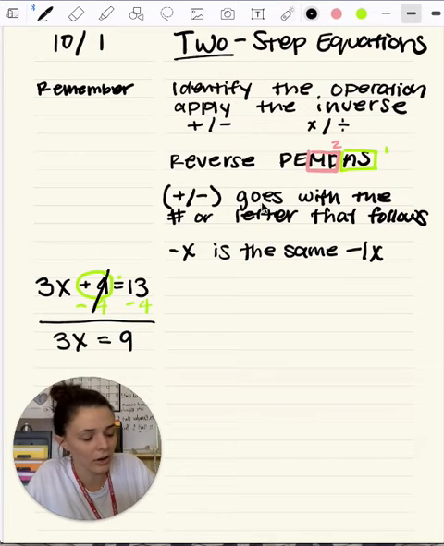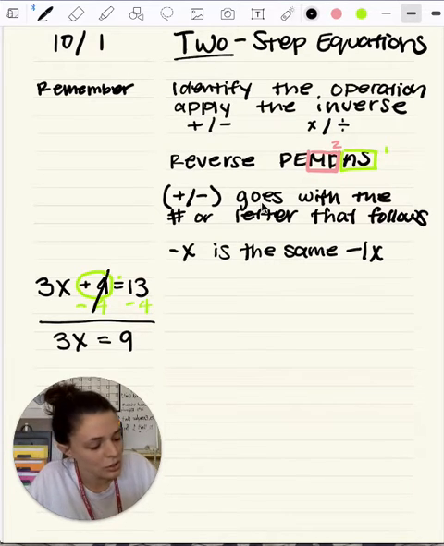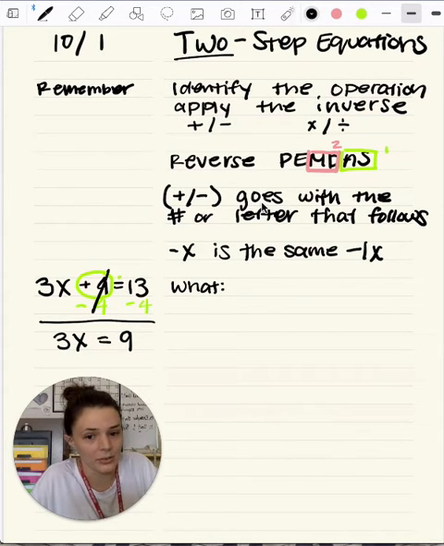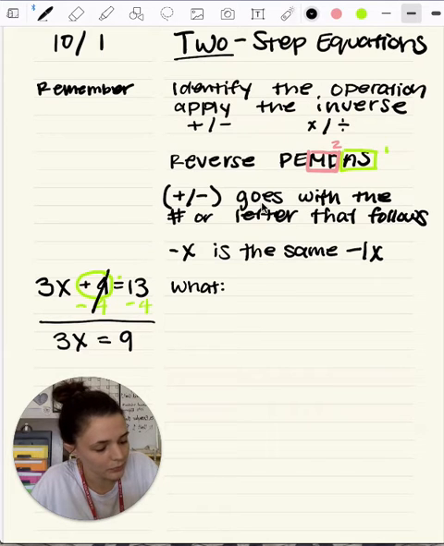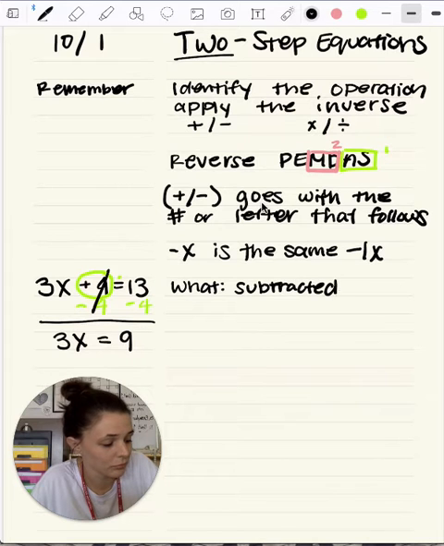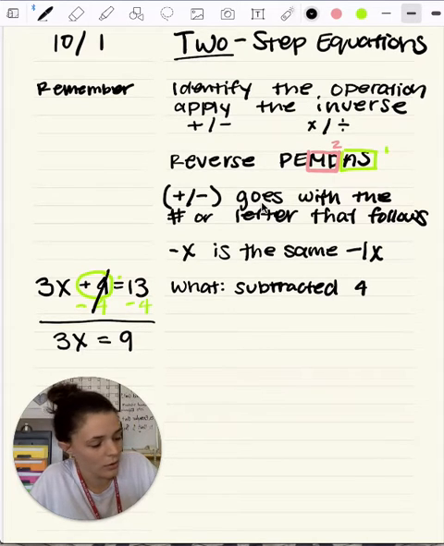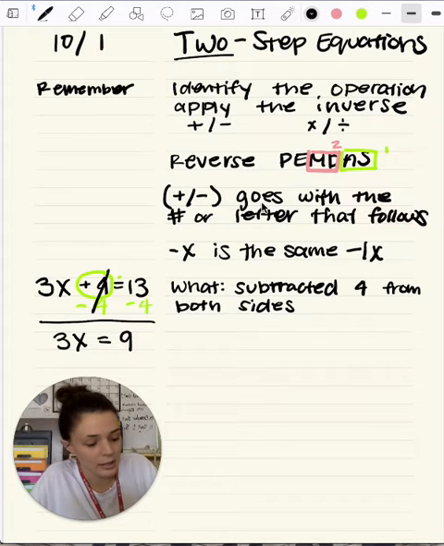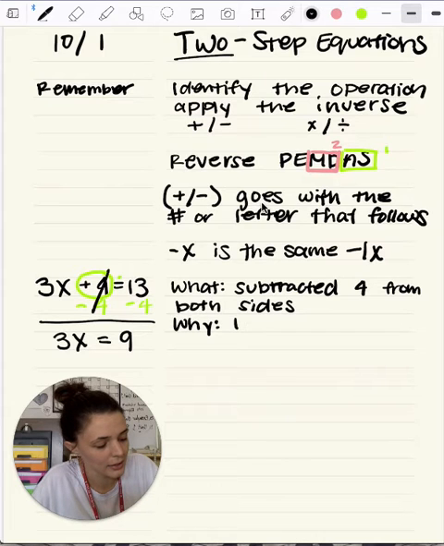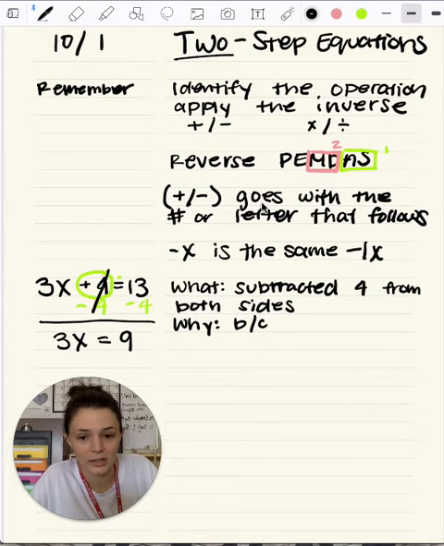Now in our right-hand column, this is where you're going to be taking your notes. So you need to tell me what you did and why you did it. So right here we subtracted 4 from both sides, and then the why is because, and if you write b/c like that, that's shorthand for because.